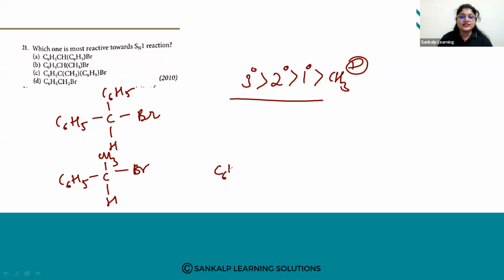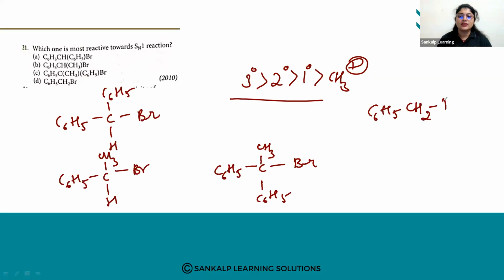The third compound is C6H5C(CH3)2Br. And the fourth compound is C6H5CH2Br. If this breaks, there will be formation of a primary carbocation.